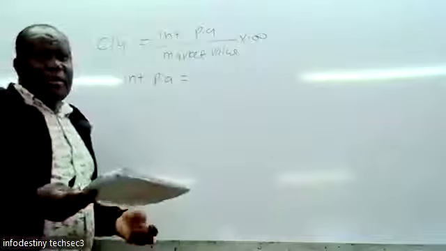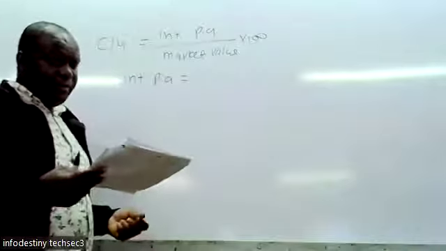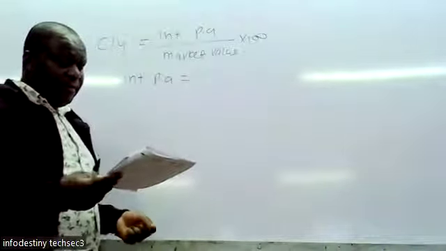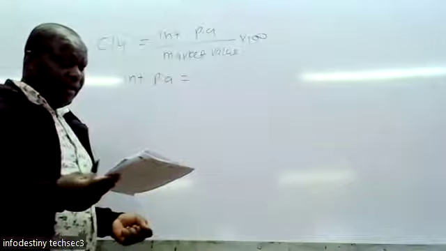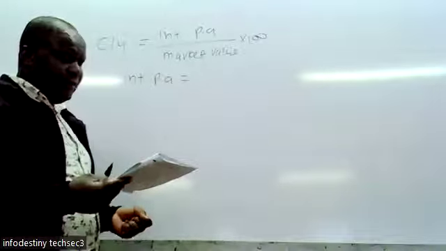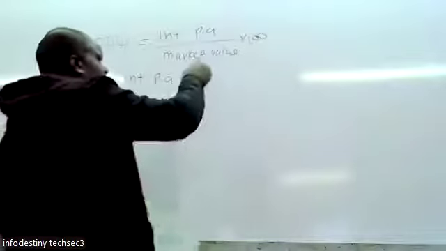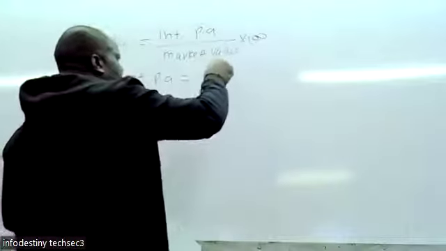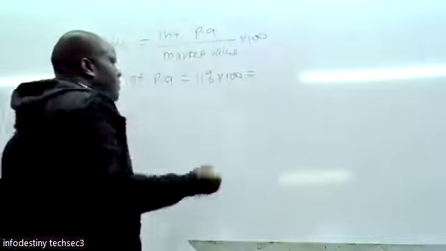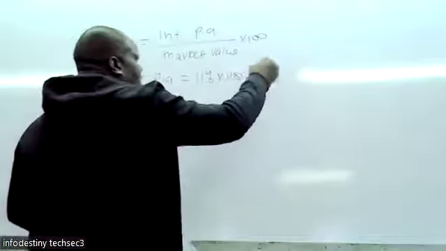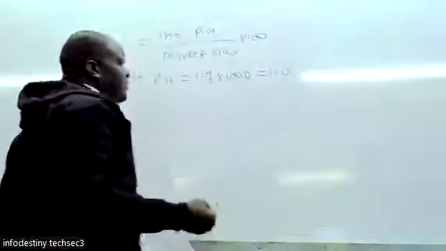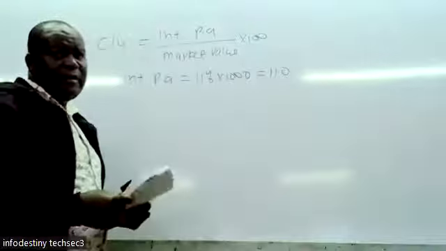When you want to get the interest per annum, you simply take 11% of the par value. The par value is 1,000. So this is going to give you a value of 110.